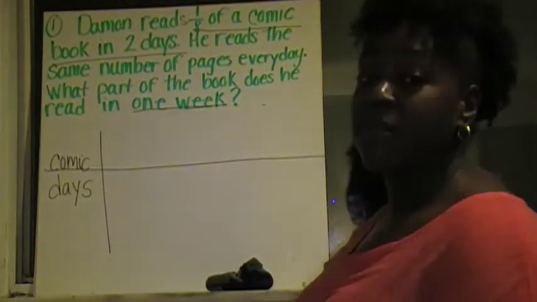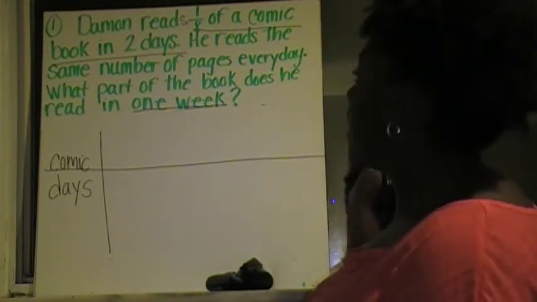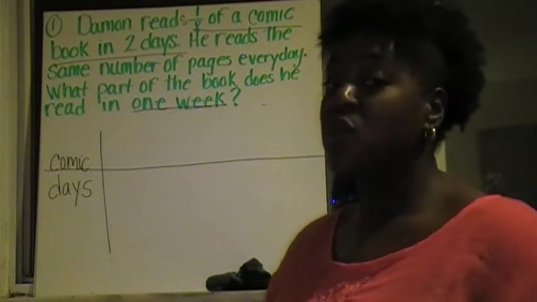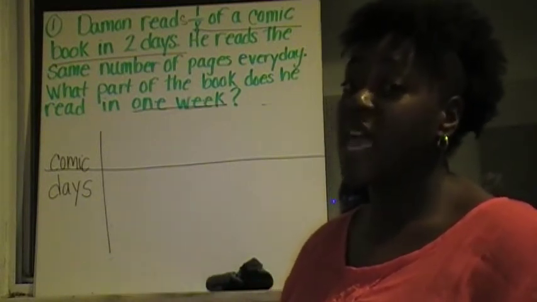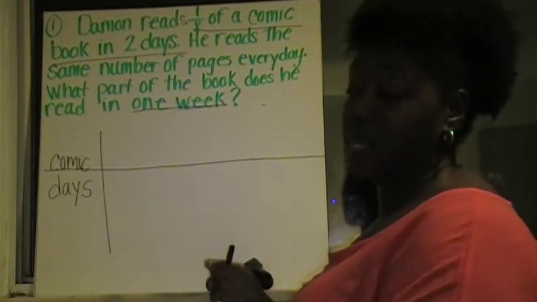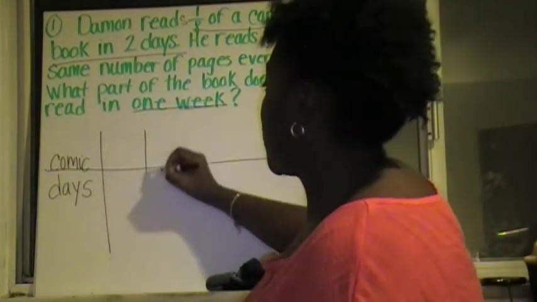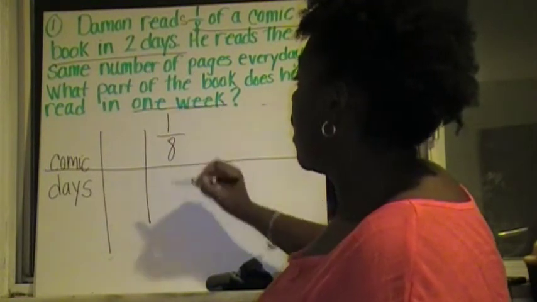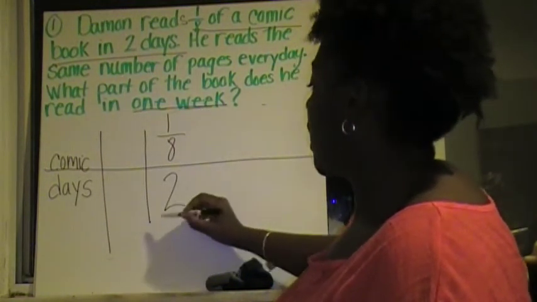Alright, so they gave me the rate of 1/8 of a comic book in 2 days. So when I do a rate table, it's helpful to have the unit rate so I can use that unit rate to find other rates. So I'm going to leave a space and I'm going to put 1/8 of a comic book in 2 days.